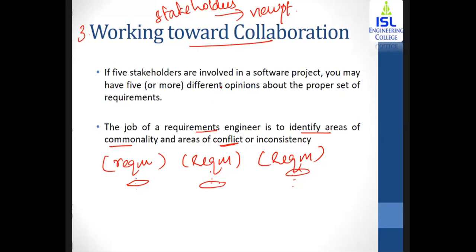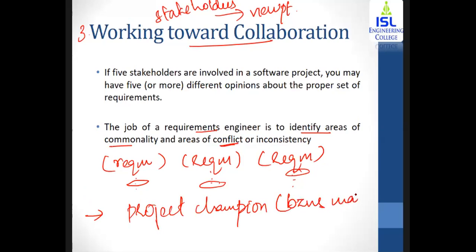Now, when you have identified the different ideas, the common areas and the conflicts, there is going to be a project champion. Who can be this project champion? He can be a business manager or any senior technologist.